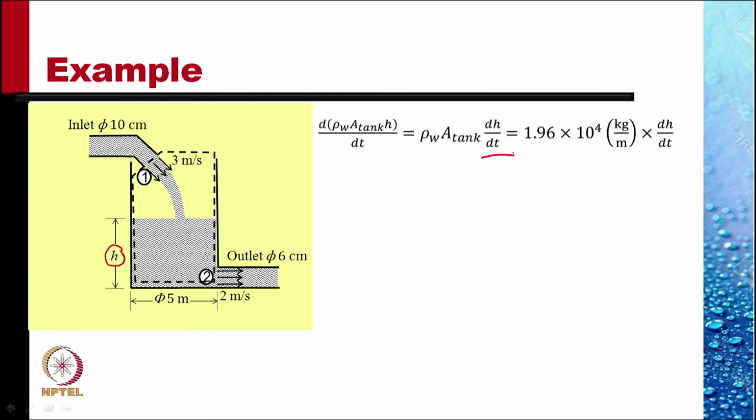So the net influx is the water crossing the surface at 1 minus the water crossing the surface at 2.